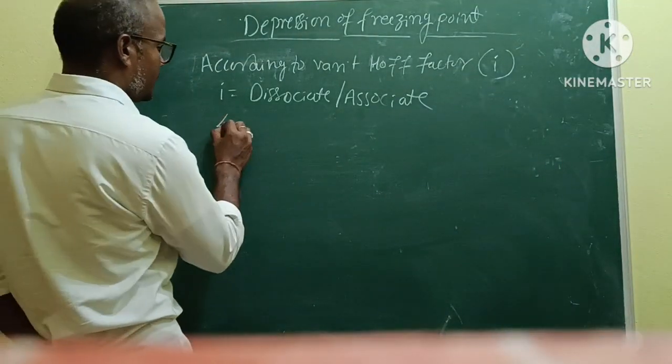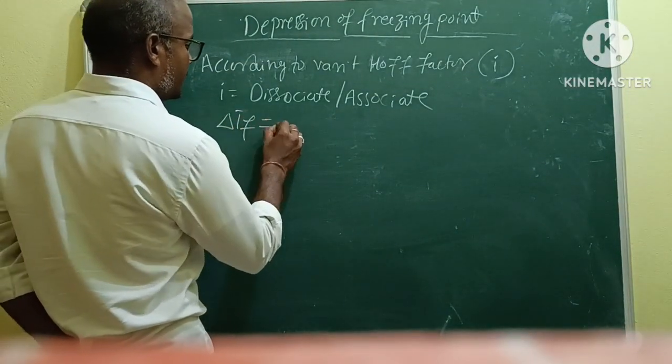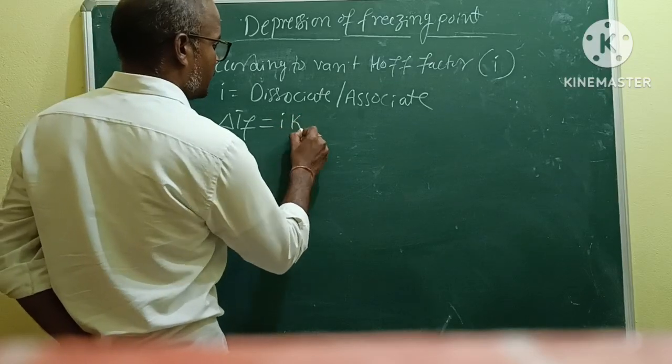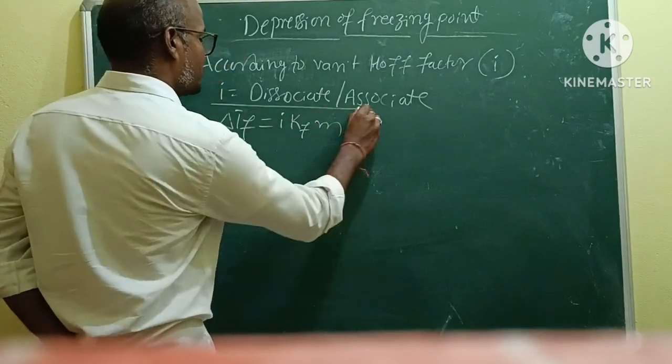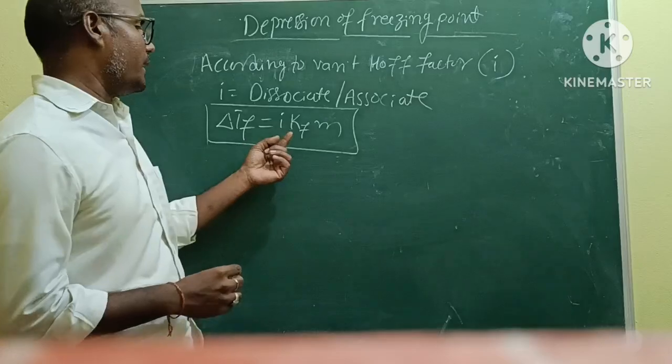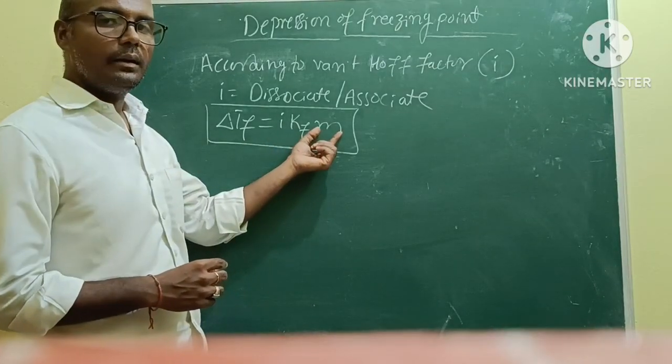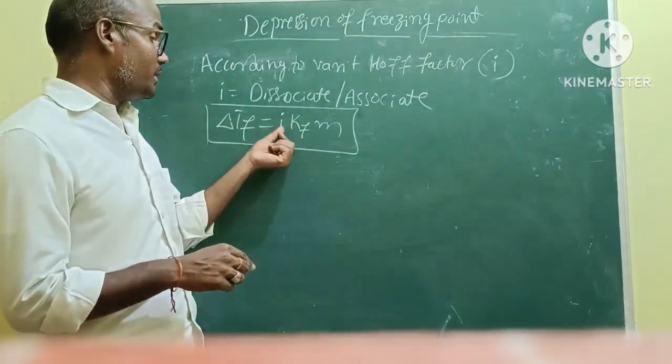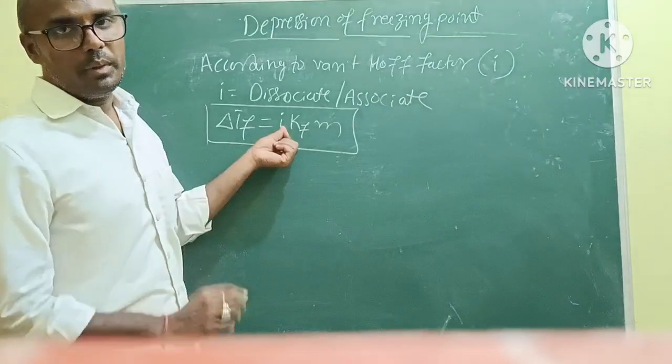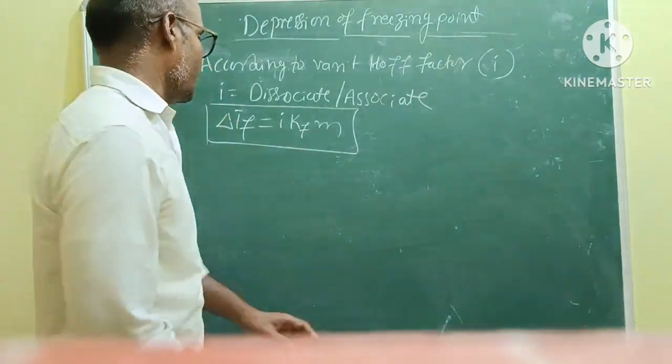So that's the matter. That's why the formula delta Tf equals Kf into m has been changed. When we add the number of moles of solute into the solvent, the solute particles may be dissociated or may be associated.